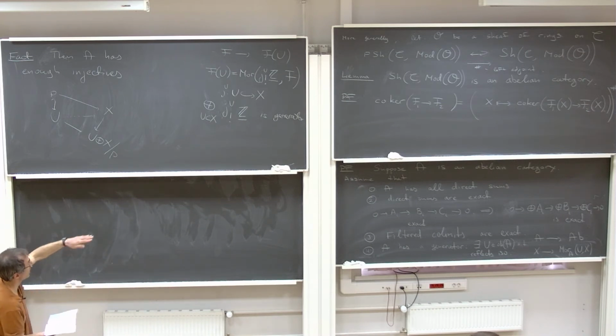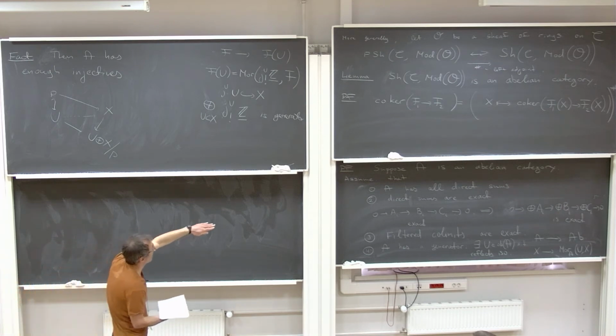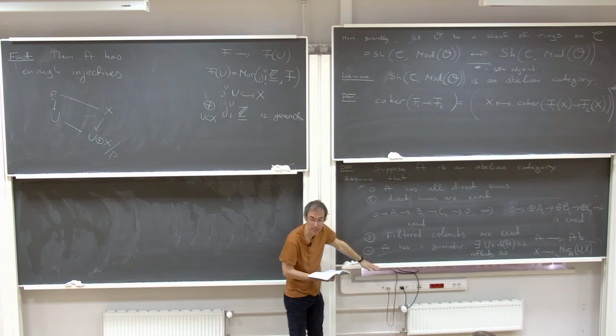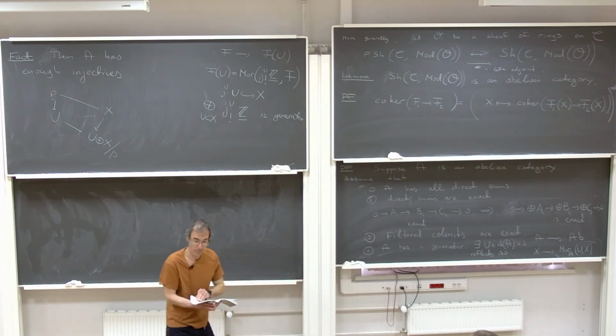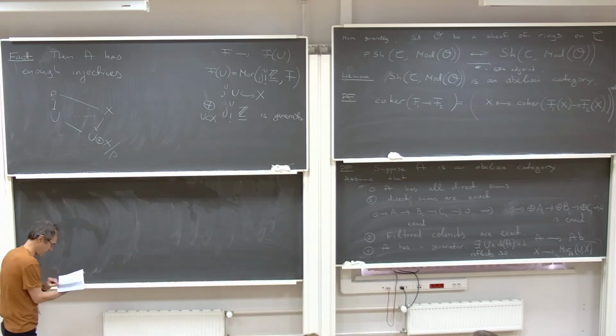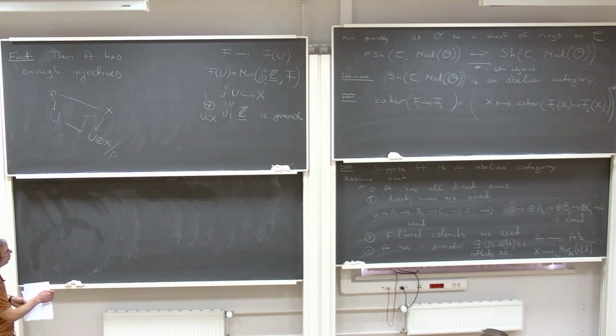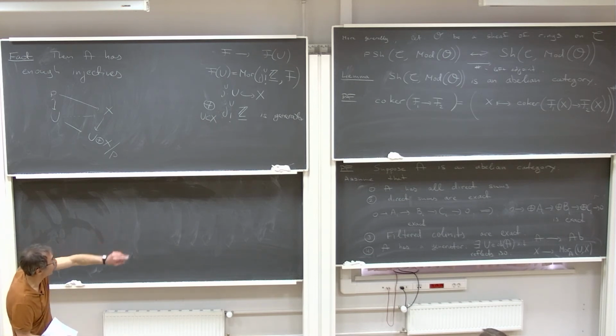So the proof of the lemma consists of verifying that sheaves of homogeneous objects on any site satisfy all these four axioms. Now, okay, I want to do homological algebra with that category.